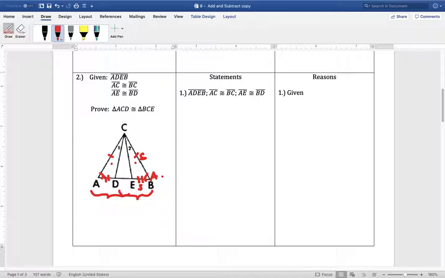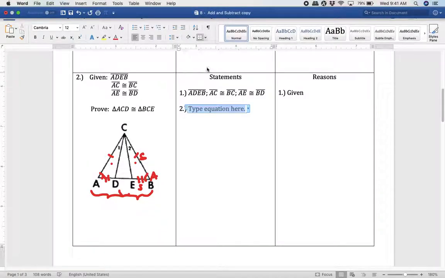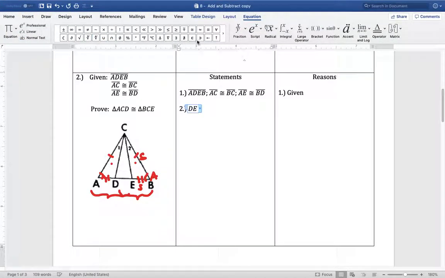So we're going to write this one up just like we did the last one, and you'll see how this works. After our givens, I'll do the hard part first. I want to first say that DE is congruent to itself. I still need that reflexive piece in there. So DE congruent to DE, this is reflexive.